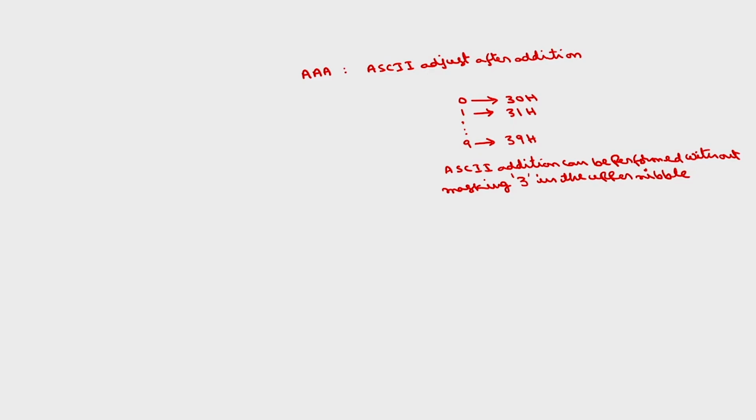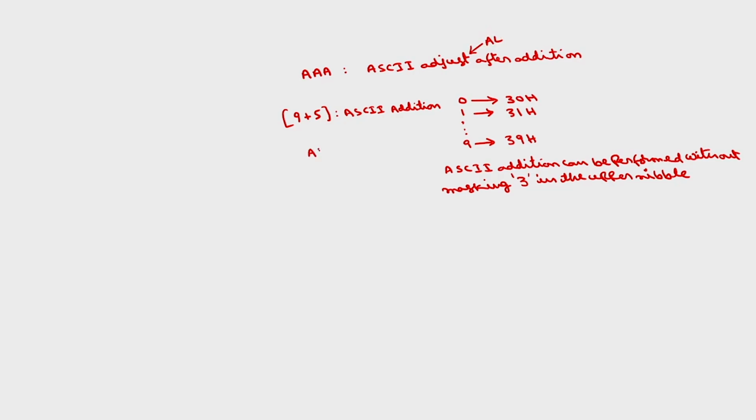So how will this be performed? For example, if I want to add ASCII characters 9 plus 5, I want to perform 9 plus 5 ASCII addition. We take this into accumulator AL; this also will adjust AL, this also works only on register AL always.